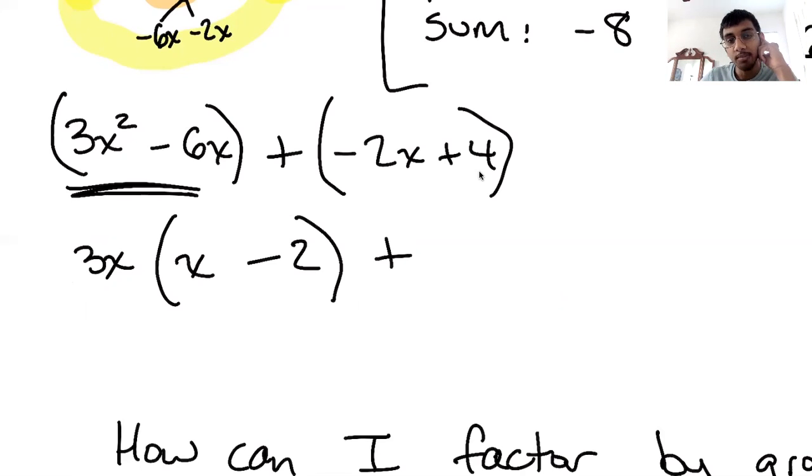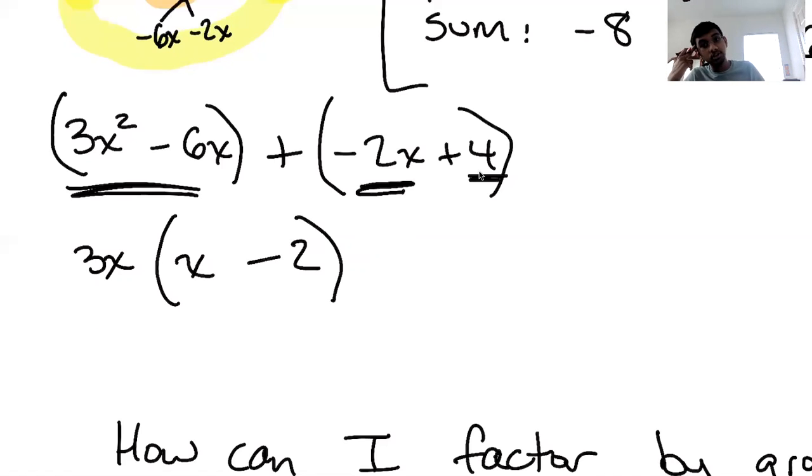What is negative 2x plus 4? Well, what could be our greatest common factor between the negative 2x and the 4? It would have to be 2, because nothing else could go into both of those terms. So we'll put the number 2 right here. And if I divided negative 2x over 2, it would just leave me with a negative x.